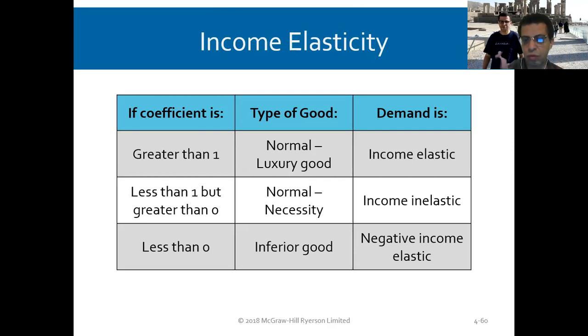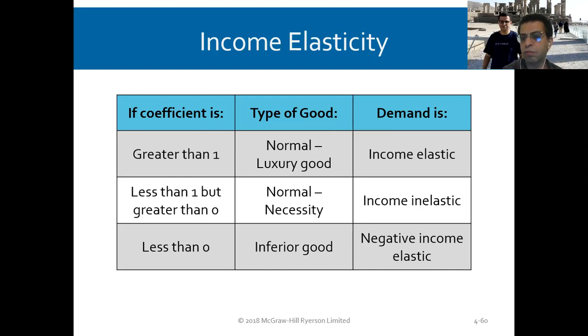So in general, when it comes to income elasticity, if the coefficient is greater than one and the product is called a normal or luxury good, then the demand is income elastic.